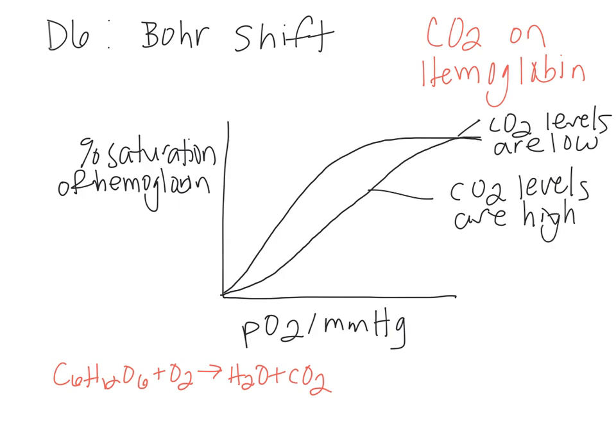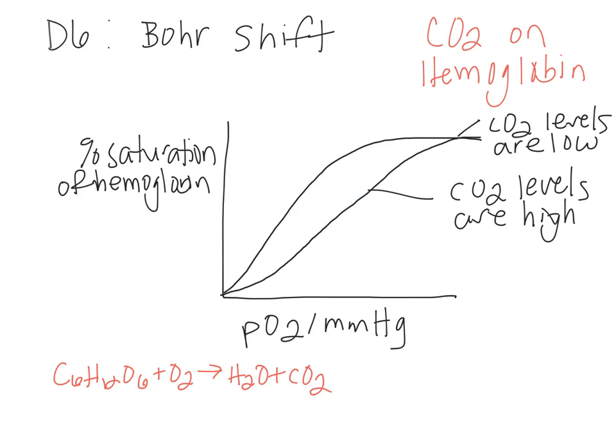Okay, and so what this means is that I need less of a change in partial pressure to get hemoglobin to give up that oxygen. So ordinarily I would have to decrease this partial pressure all the way down here to get hemoglobin to give up that second oxygen probably. Whereas if there's a lot of carbon dioxide in the atmosphere, I only need the partial pressure to be down here somewhere.